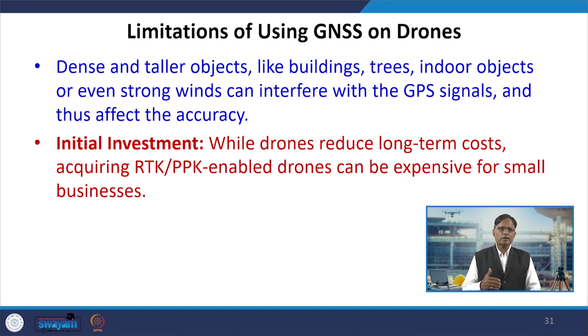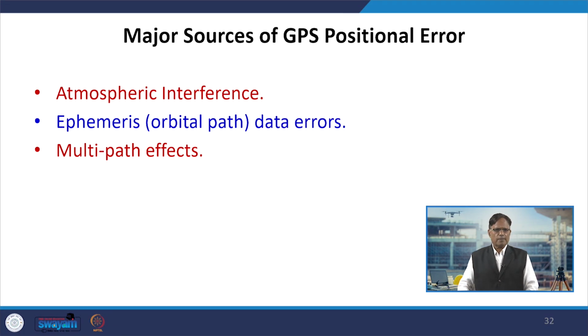When you are acquiring RTK, PPK, the entire system, the cost may go high. There are some major sources of GPS positional error, and we have to apply corrections so that we do not get much error in the data.